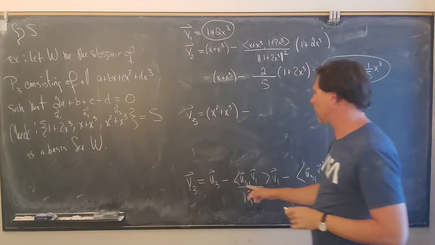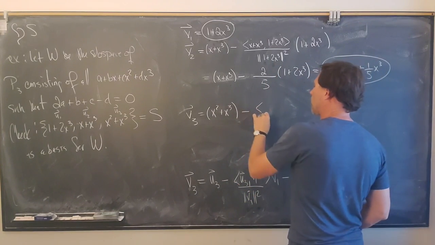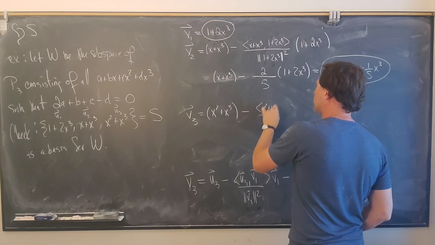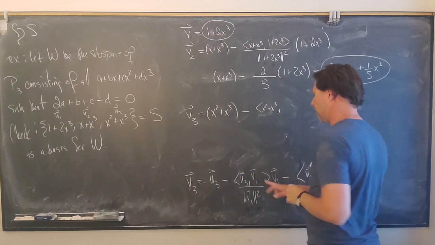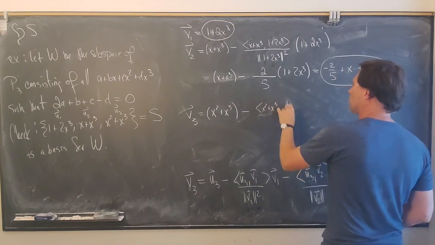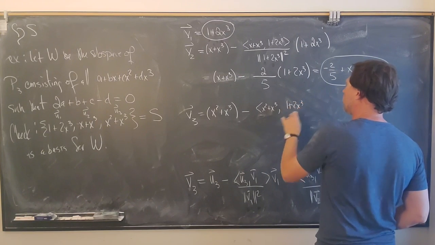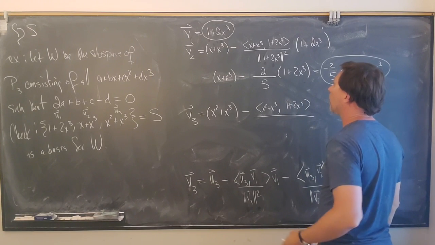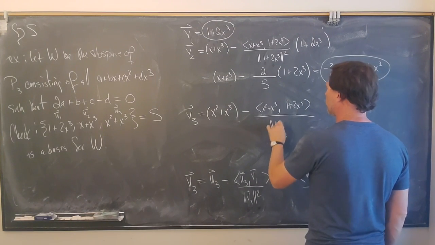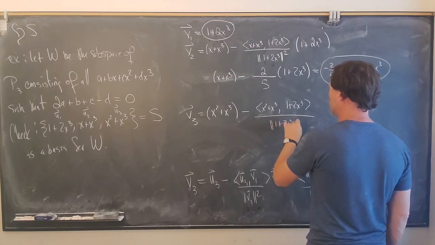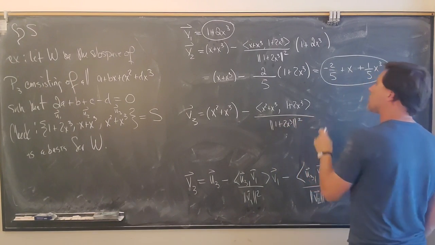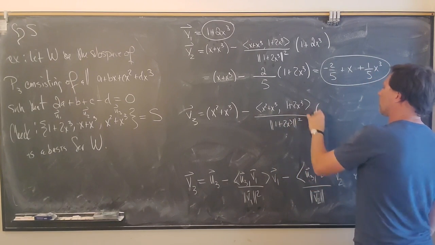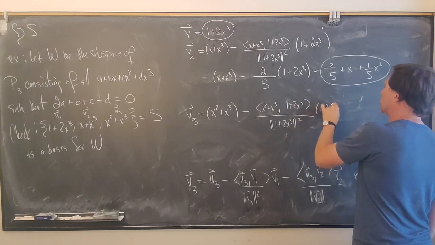Minus, okay, so now I'm going to do the inner product of x squared plus x cubed with v1. So that's 1 plus 2x cubed, divided by the length squared of 1 plus 2x cubed, times 1 plus 2x cubed.